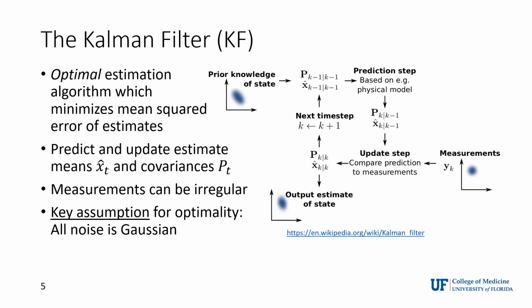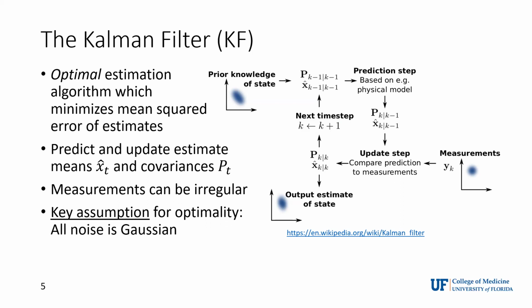It'll produce estimate means and covariances based on whatever parameters you set up. And then we'll have the update step, which is currently a very nebulous thing that incorporates the measurements. We'll have an improved estimate mean and estimate covariance, and then we'll repeat the cycle again. So that's it at a very high level, shying away from most of the mathematics.